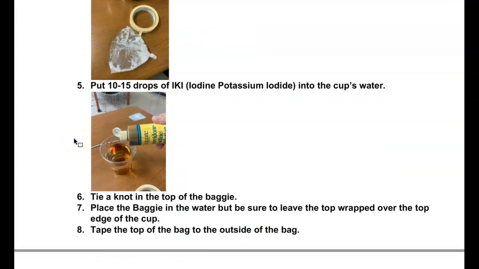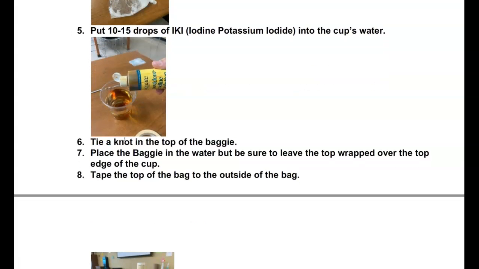Then we're going to add 10 to 15 drops, as I said earlier, of our IKI into the water. So we're going to have our iodine in this cup, and we're going to have the starch in the bag. Tie a knot in the top of your baggie.